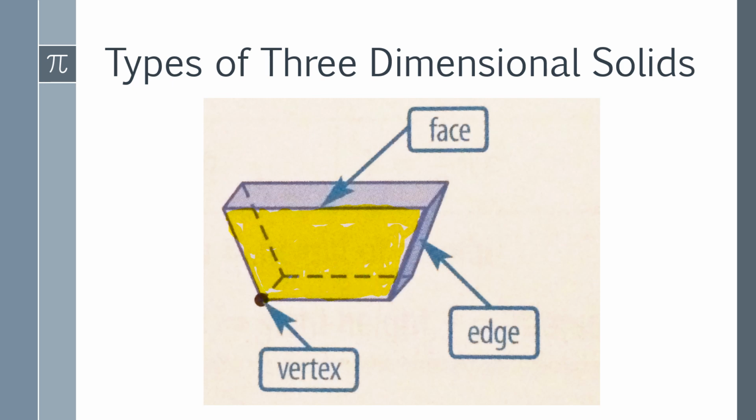So that would be that entire piece there. Okay. Edge, where two sides meet. So here's an edge. And then our final piece of the puzzle is the good old vertex.